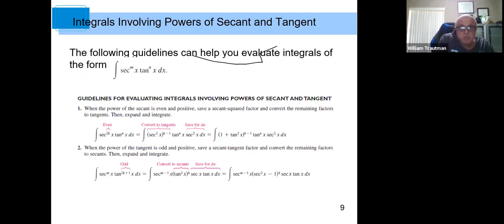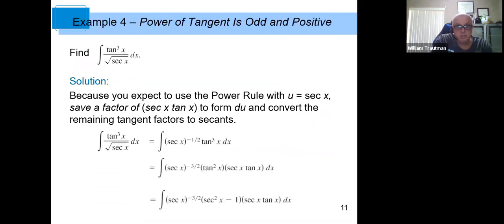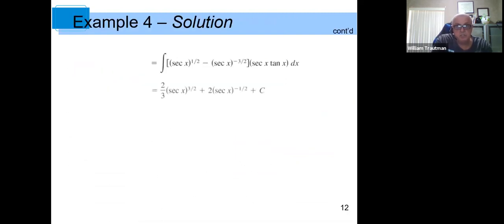Here for number 2, it says if your tangent is odd, save a secant tangent factor. You have to save that out on the side as your du.